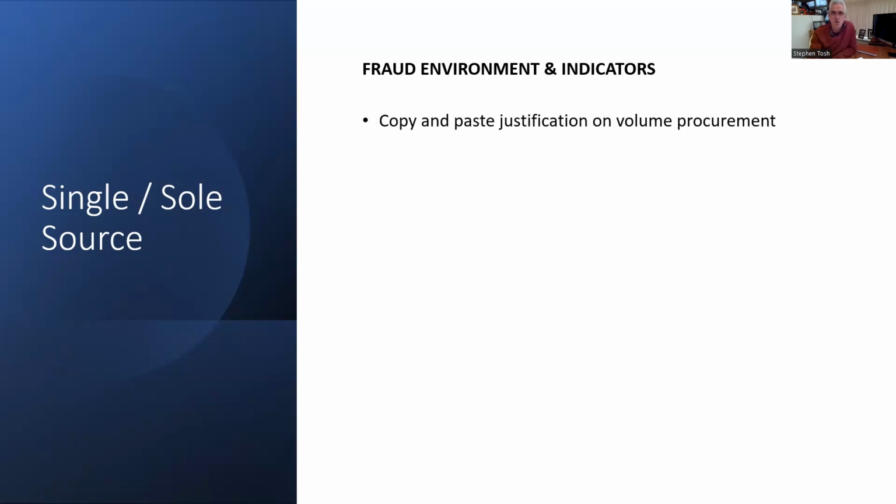Again, from the single source perspective, there are many methods of potential fraud. Again, copy and pasting of justifications, particularly in volume procurement. I've certainly seen it in contract files, as an example, on vehicle rentals on national procurement, which is ongoing over a number of sites, where because the vehicles weren't being tracked and the procurement wasn't being tracked correctly, it allowed individuals within the organizations to procure vehicles for their own personal use.